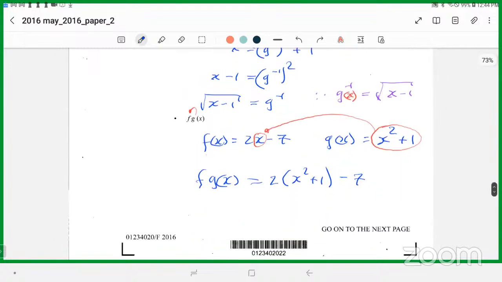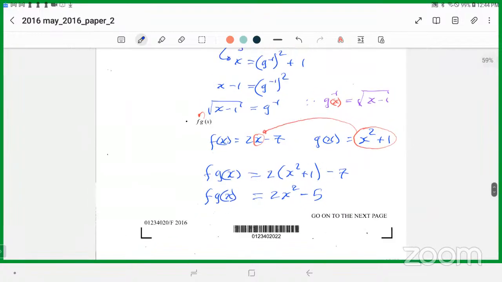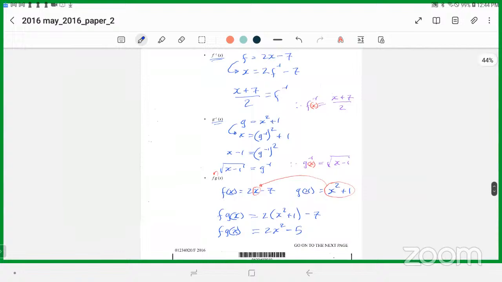Let's simplify it. It becomes 2x squared, because 2 times 1 is 2, and 2 minus 7 is negative 5. So I must write 2x squared minus 5. That's f of g of x. So far, so good, guys.